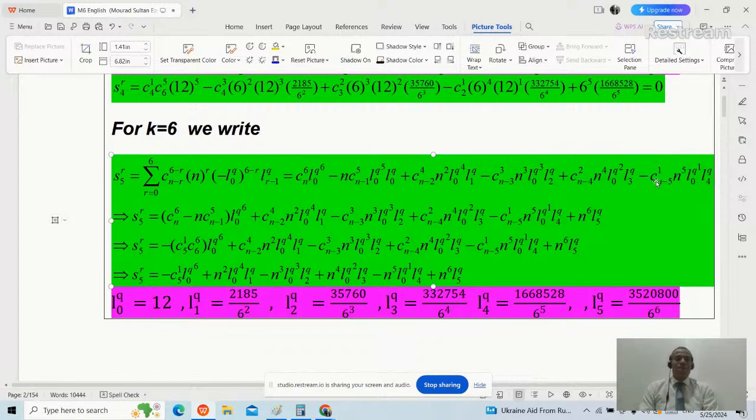Learners, with all that, combination n minus 5, because r is 5. When r is 5, it will be n minus 5. 6 minus 5 is 1. n raised to the power 5 because r is 5, minus L0 of the q. 6 minus 5 is 1. That's why the negative sign appears in front of the expression.